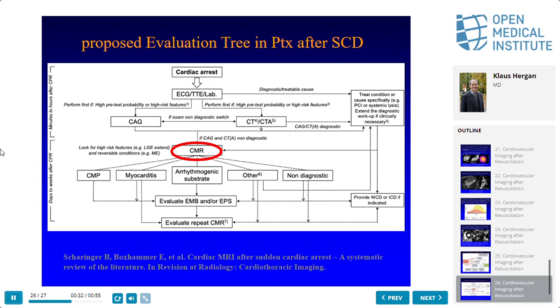If it's not that high and it's a younger patient population, they're usually doing cardiac CT. And if there is something wrong in these patients and we have maybe unclear cases, we are doing cardiac MRI, and these are the differential diagnoses, what we find there. In around 60% of the cases we find something.